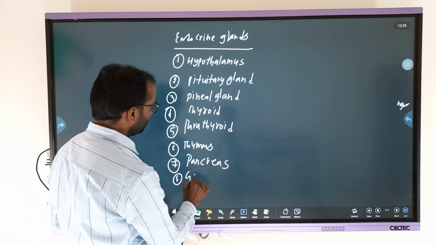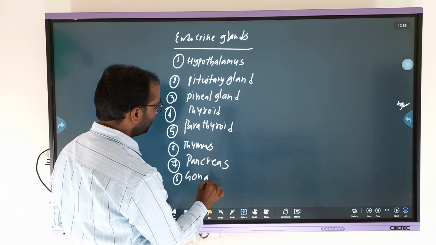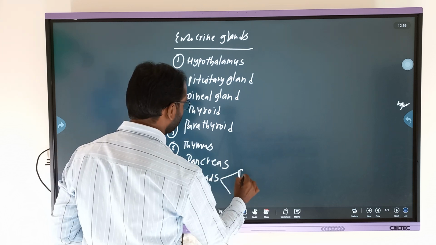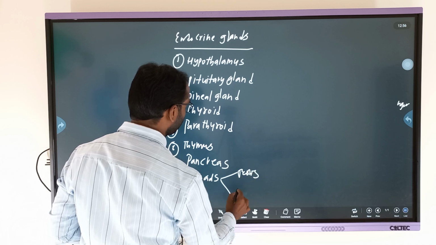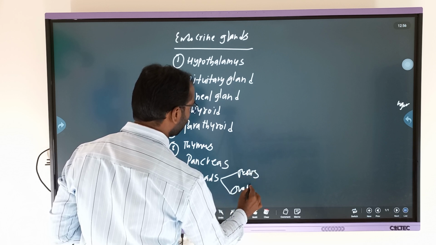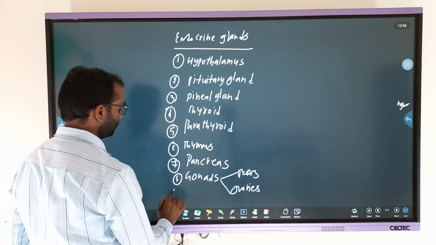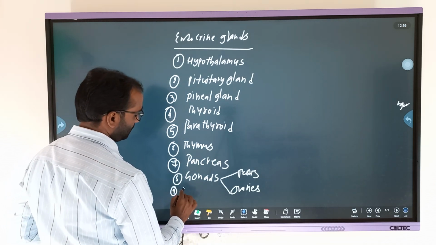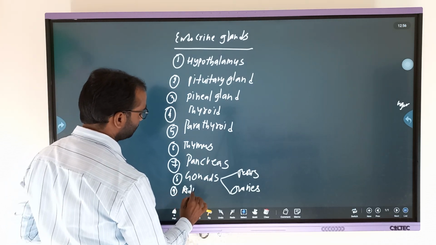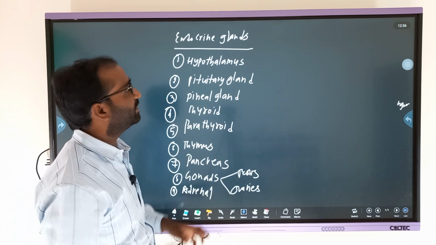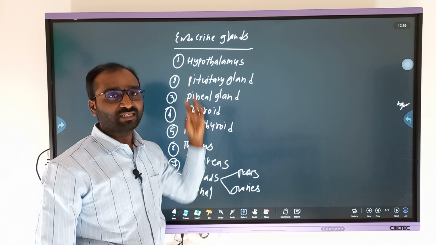Then gonads. Here gonads are testes and ovaries, and along with that one more, adrenal gland. Right. So these are the various endocrine glands we have in our body.